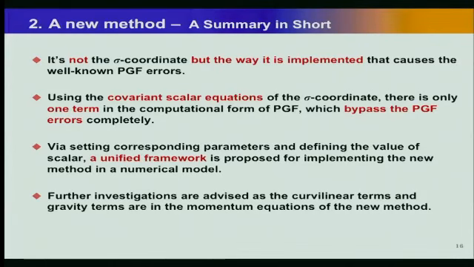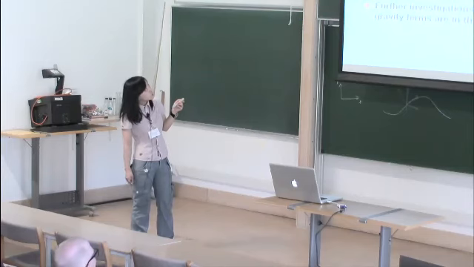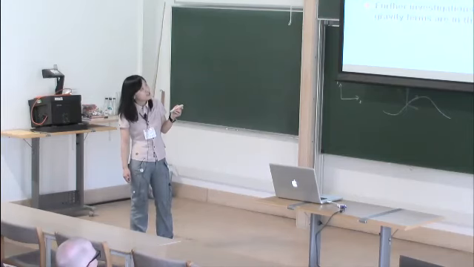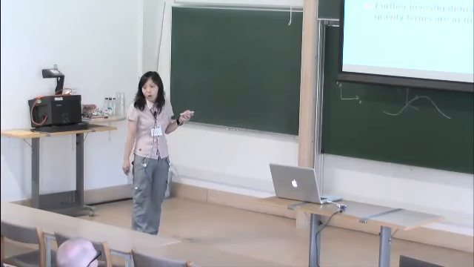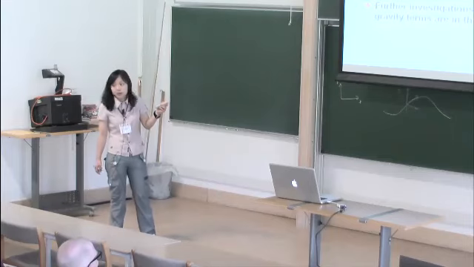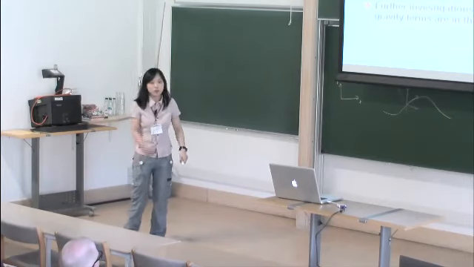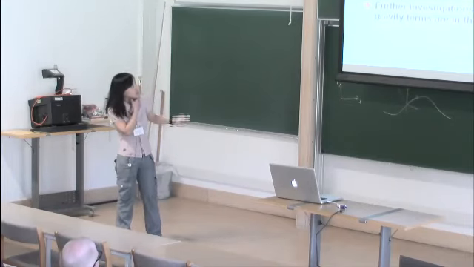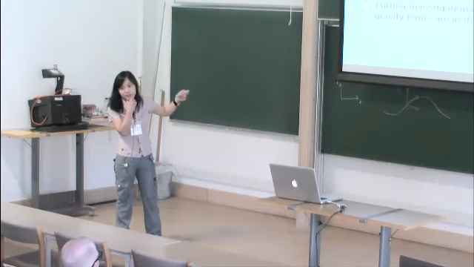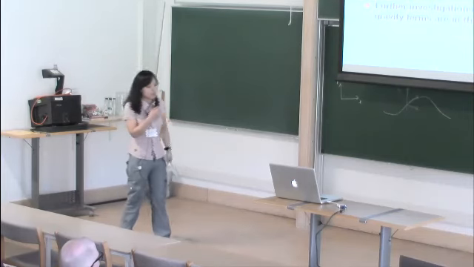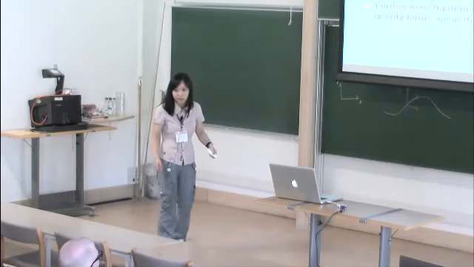And based on the expression of the scalar gradient in a curvilinear coordinate, we find that if we use the covariant scalar equations of the sigma coordinate, there is only one term in the computational form of PGF, which bypasses the errors completely.